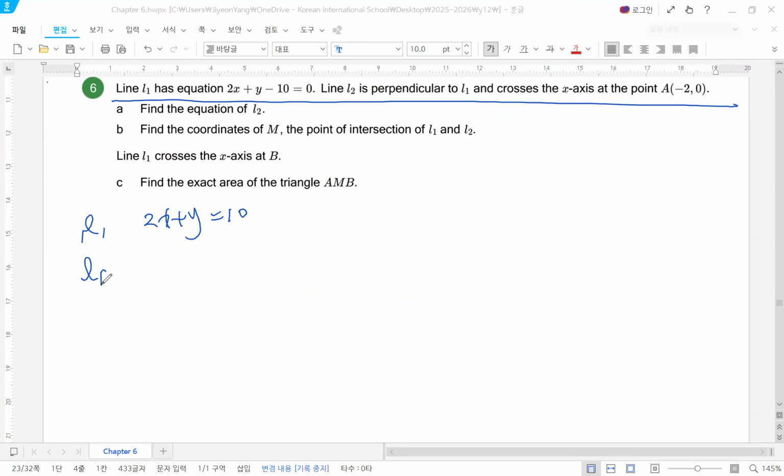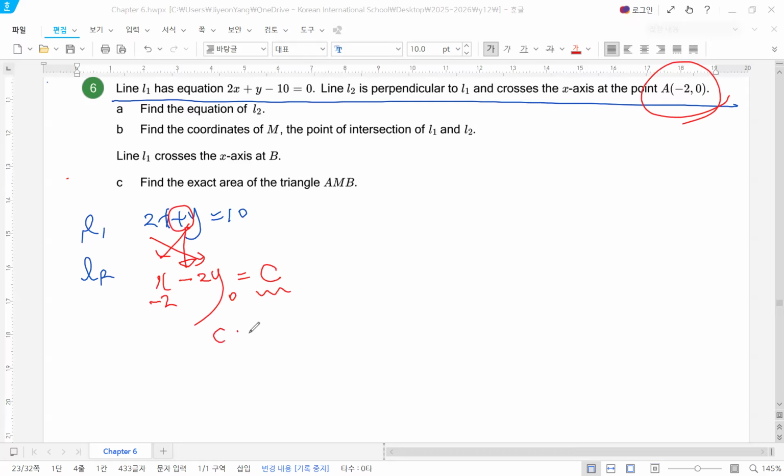Then to find the perpendicular line, switch the coefficients. Understand? Then it's going to be x and 2y. Okay? Since here it's addition, you can change it to subtraction, and equals c. We need to find this c by using the fact that it passes through this point, -2 and 0.